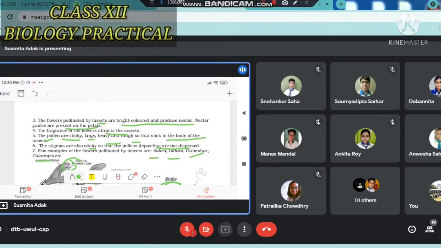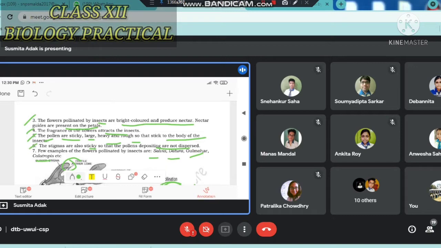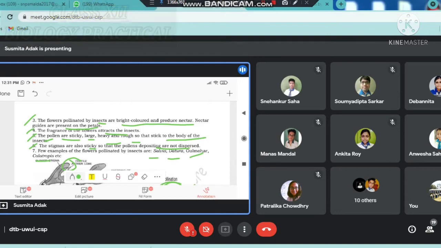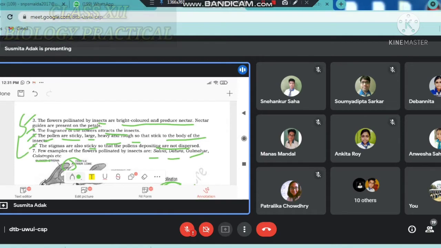Whenever you write characteristics, you should mention these 4 points. From these 4 points, you should write 3 points or 2 points. In the exam, the teacher, external or internal, will say how many points you should write. After that, you will write the points from these 4 points, because these 4 points are very important for this type of pollination.